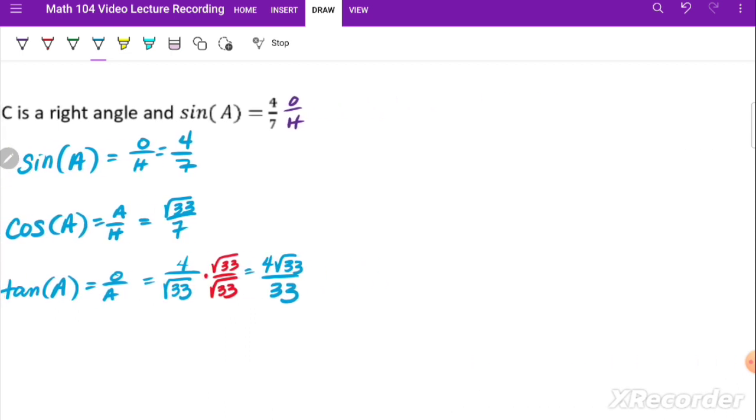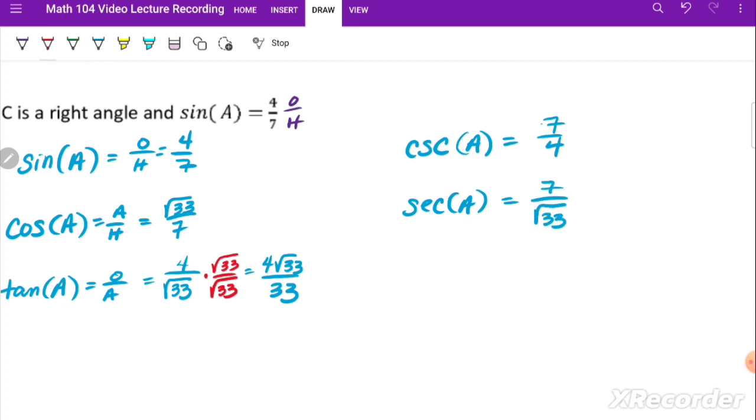And then we'll have our reciprocals. Cosecant of angle A. Seven over 4. Secant of angle A. It's going to be 7 over the square root of 33, which we'll rationalize.